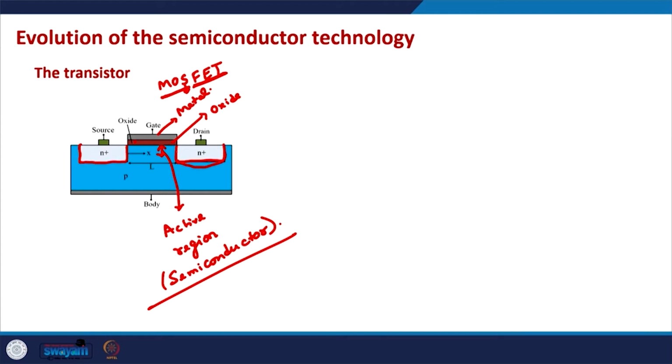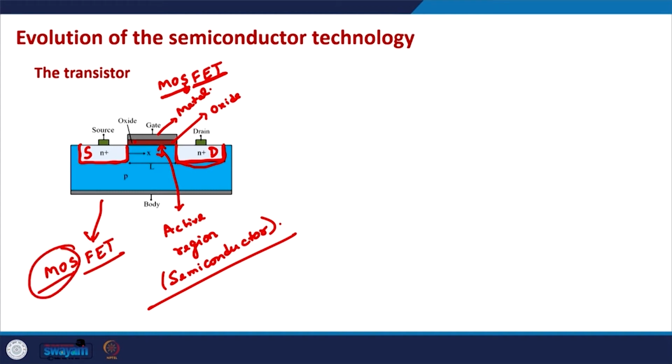These are also semiconducting contacts. The left contact by convention is termed the source contact, and the right contact by convention is known as the drain contact. So we have source and drain, in between we have a semiconductor, and on top of that semiconductor we have an oxide and a metallic gate.